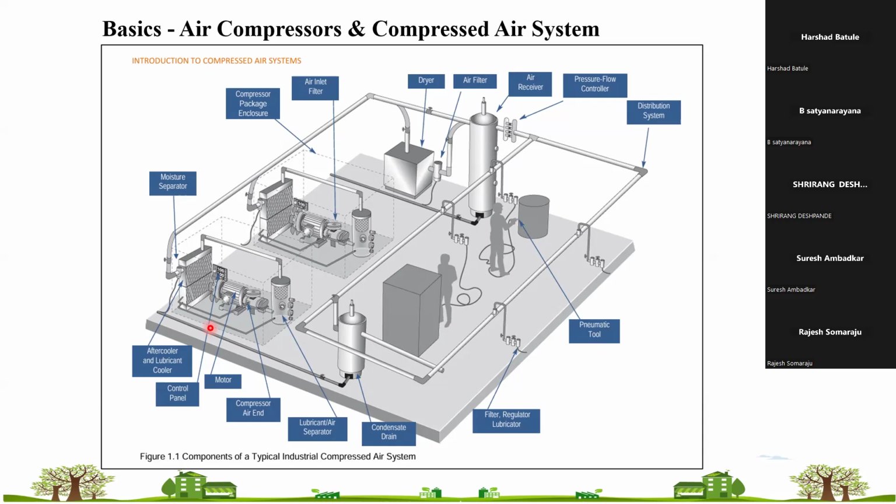If your compressor placement is so bad that you have placed the compressor near your foundry or near your furnace, where the ambient air temperature is on the higher side, where fumes are passing or the air is hotter in that particular zone, you'll get a higher temperature for the input air, and FAD can be affected.